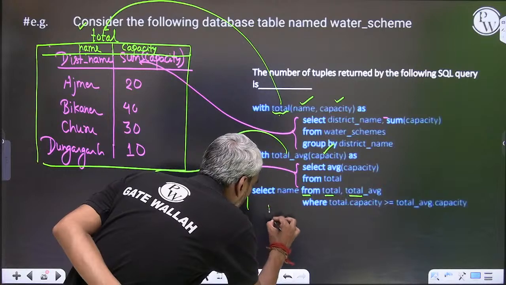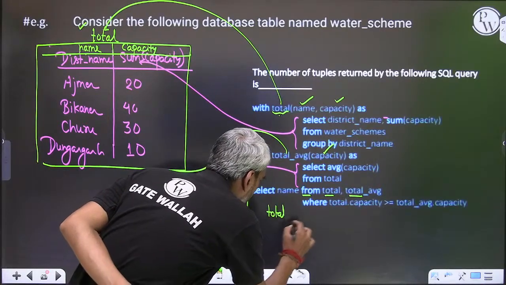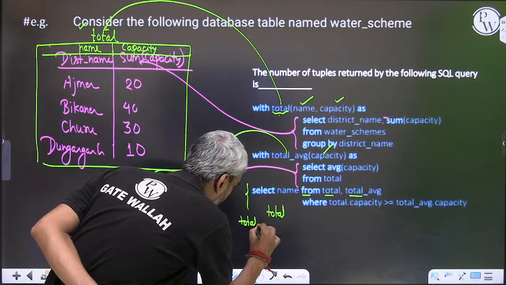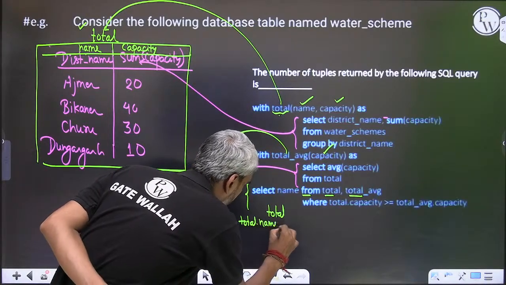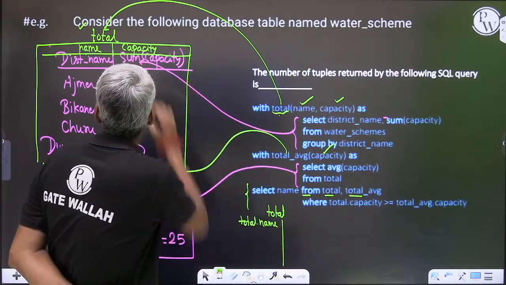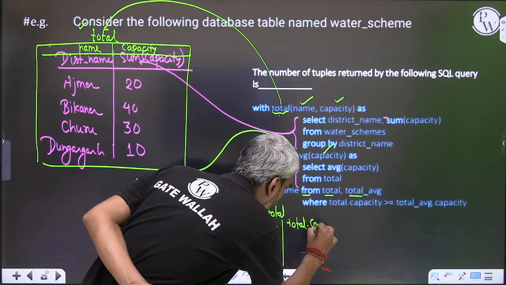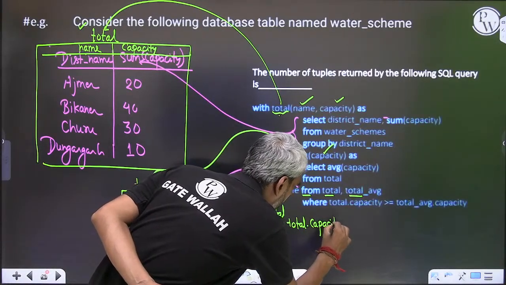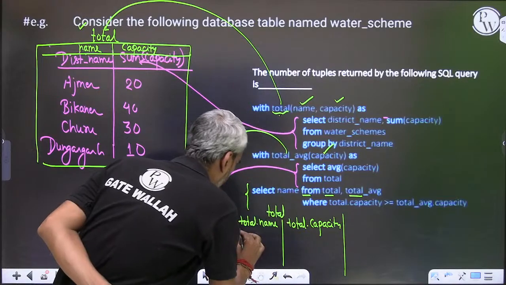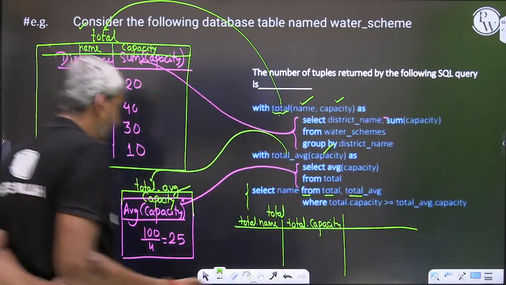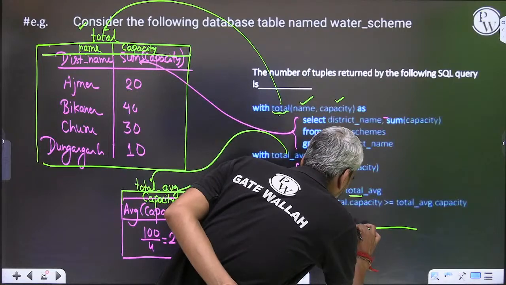So sir, this is total. So you will have total.name, total.capacity, then you will have total average.capacity.